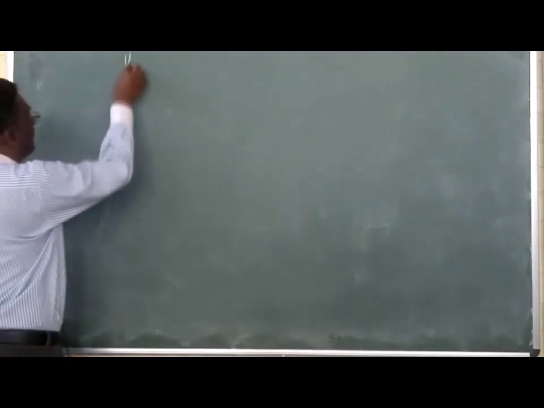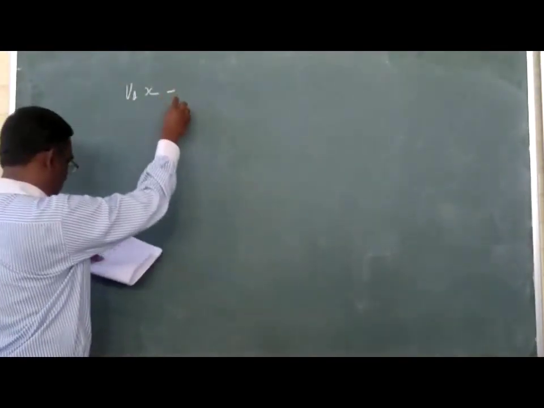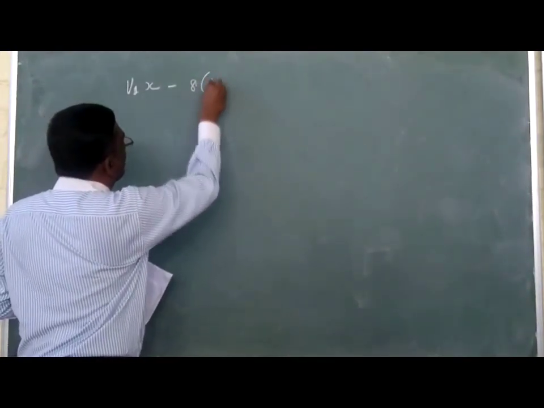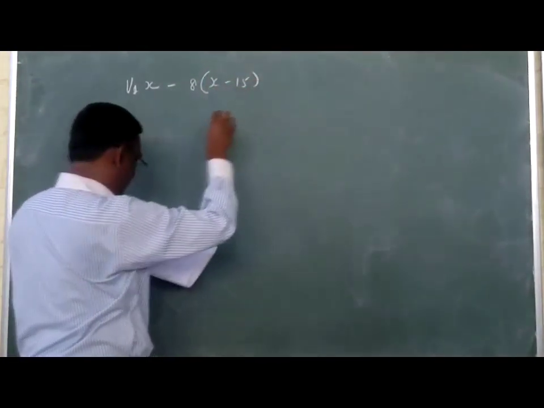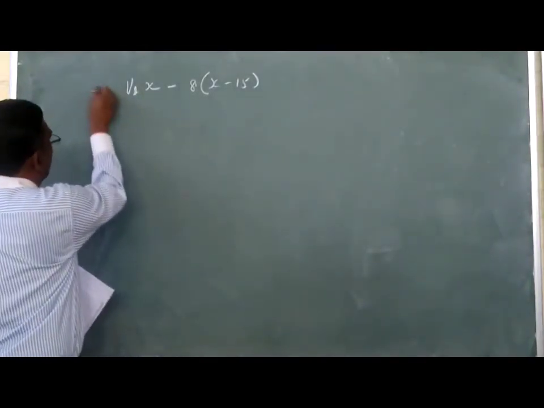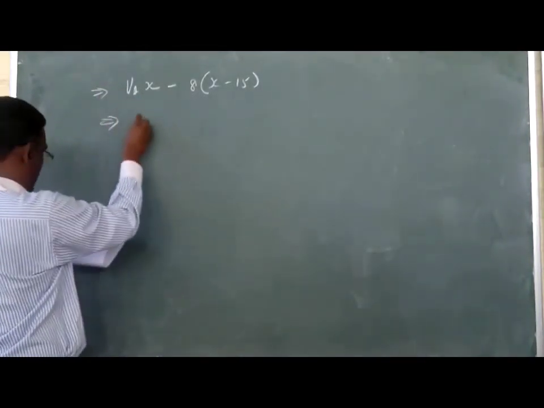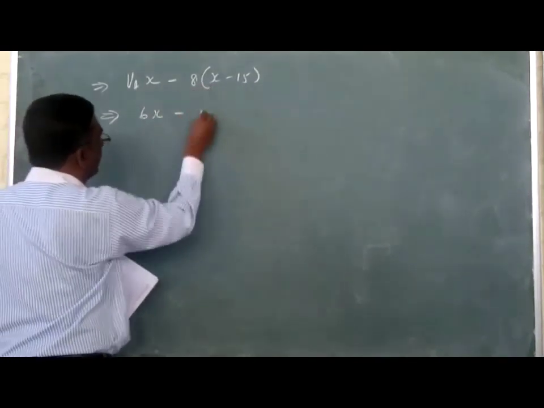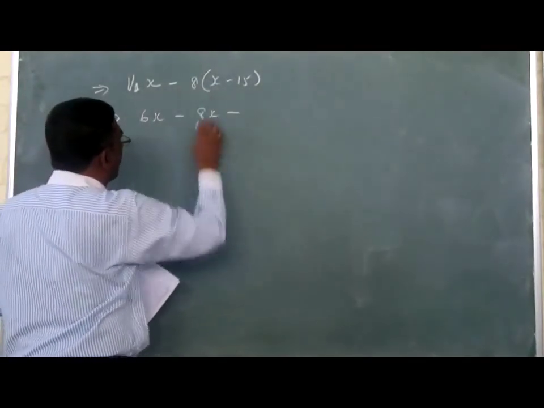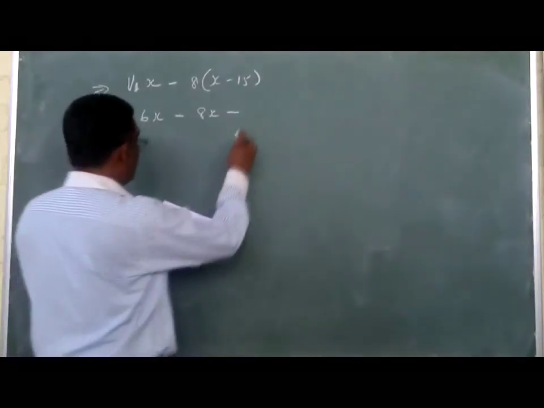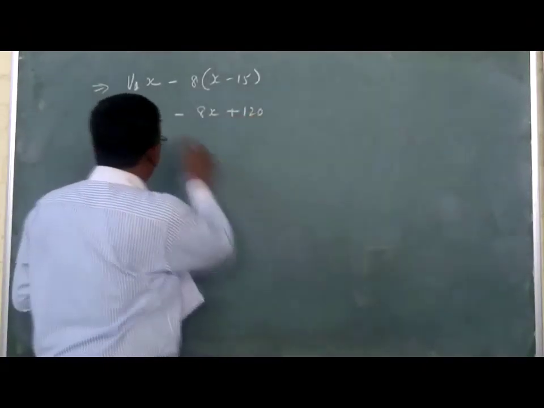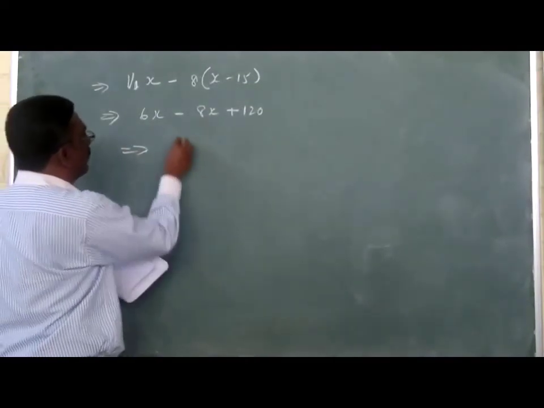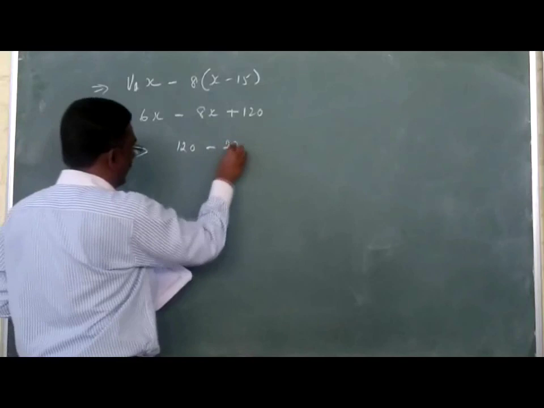Let us first simplify this component, VA x minus 8 into x minus 15. The value of VA is 6x, 6x, and minus 8 into minus 15 is plus 120. So this will be equal to 120 minus 2x.